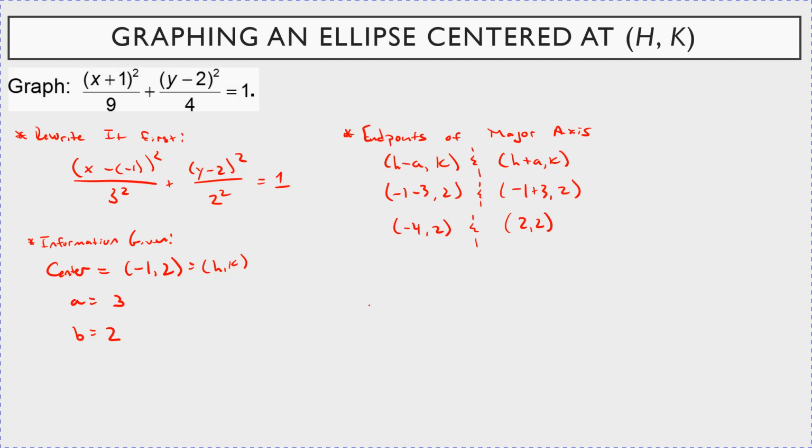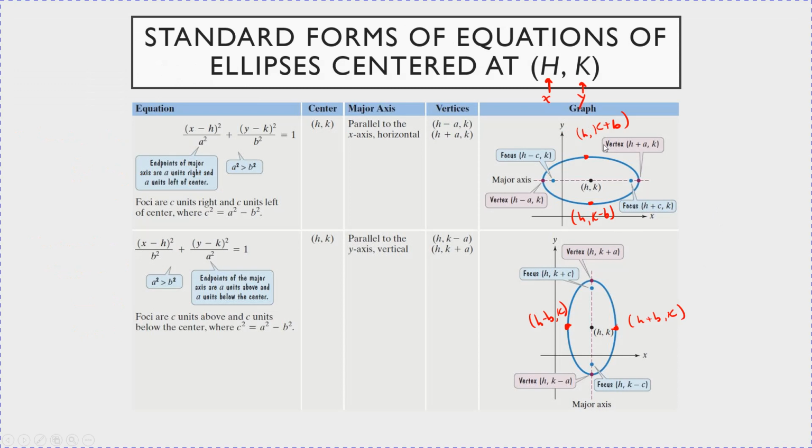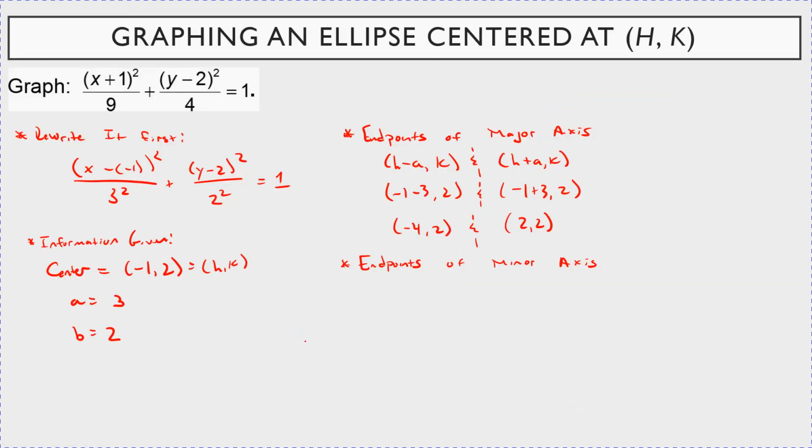Boom, boom, boom. Now let's do the endpoints of the minor axis. So here, look, it's going to be h comma k minus b, and then h comma k plus b. So my h, this is good, so this just stays.